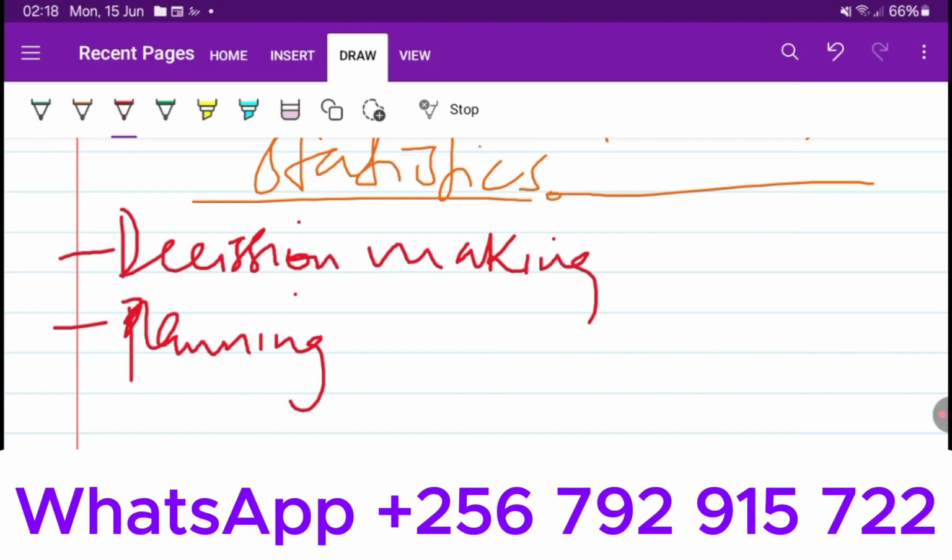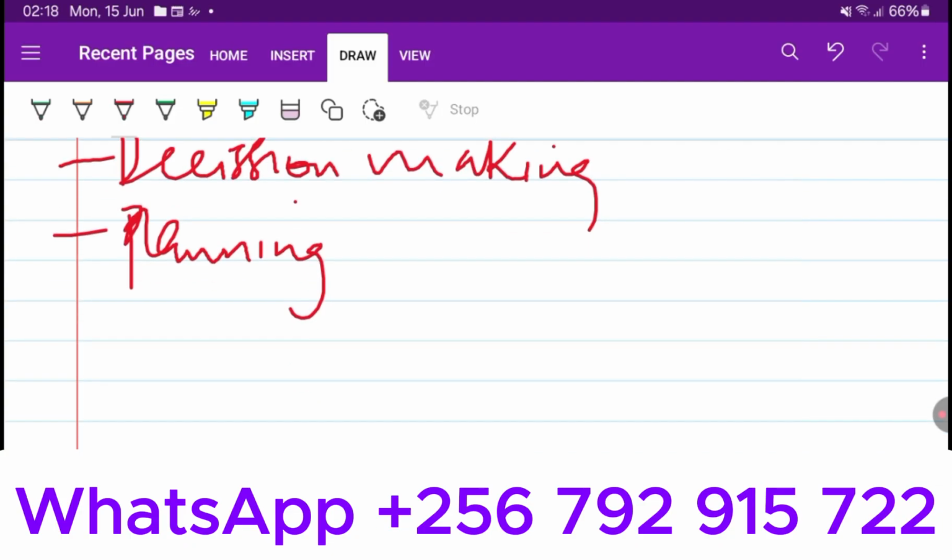When you have these resources, you base on the data that you have, maybe about the population, and you'll be able to allocate the different resources based on the number of people within that area, depending on who wants what, and be able to achieve the development goals. So that's how statistics helps in planning.